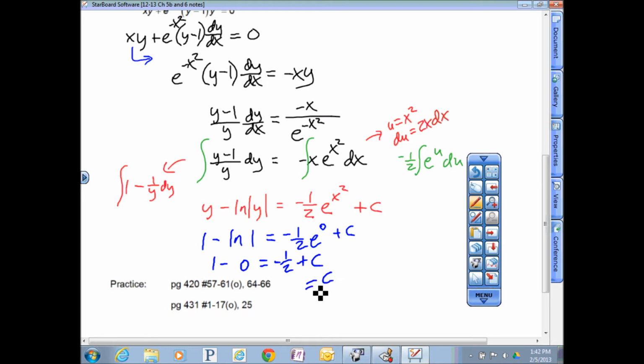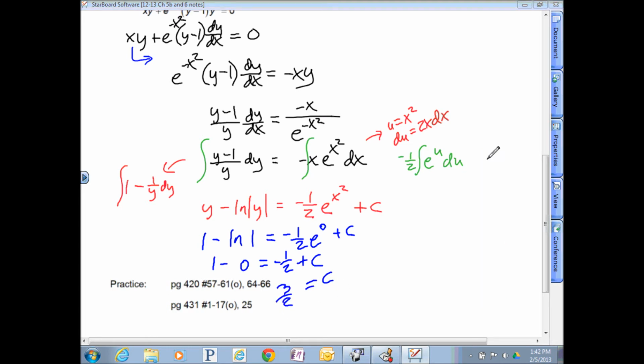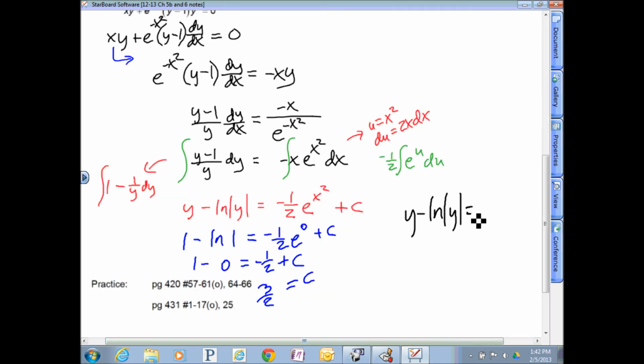Looks like my c is going to be 3/2. So my solution to this differential equation would be y minus natural log absolute value of y is equal to negative 1/2 e to the x squared plus that 3/2. And that is a great way to finish off chapter 6.